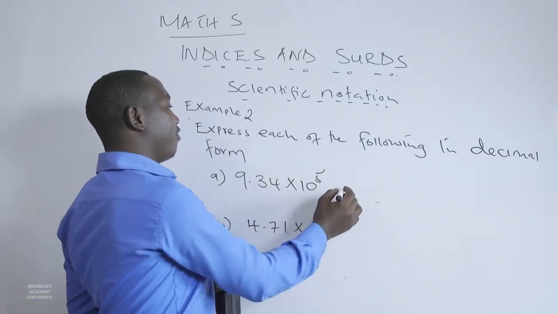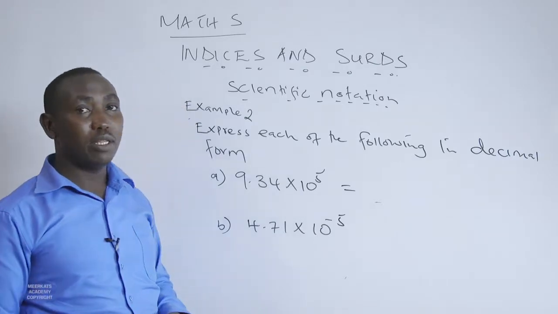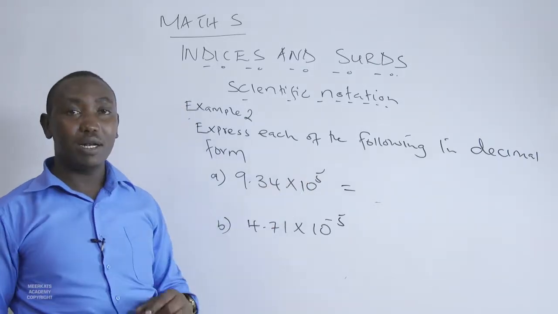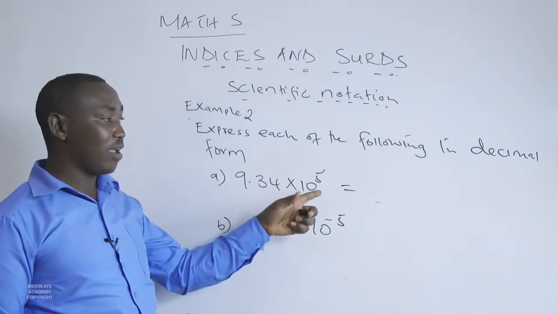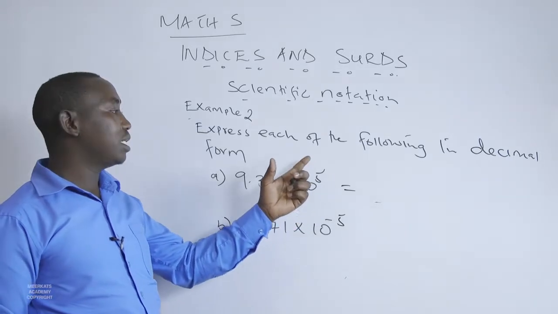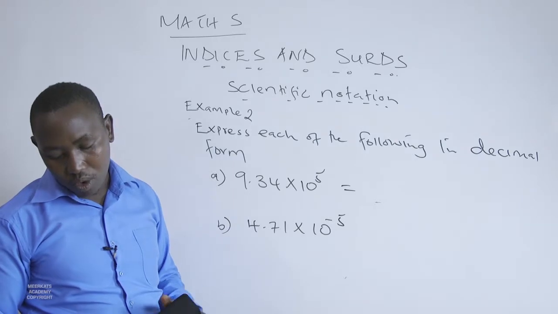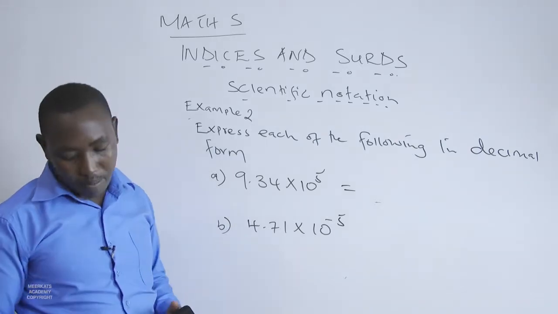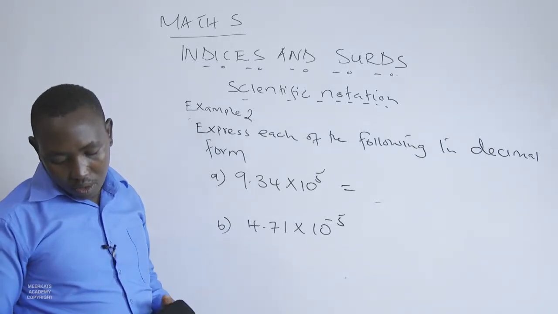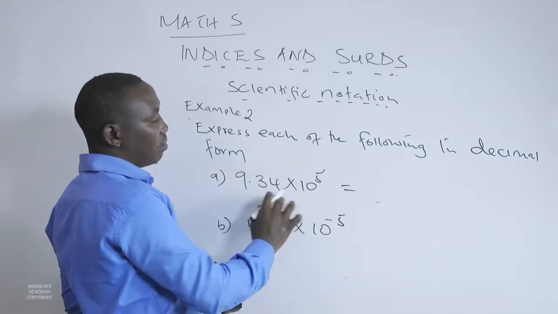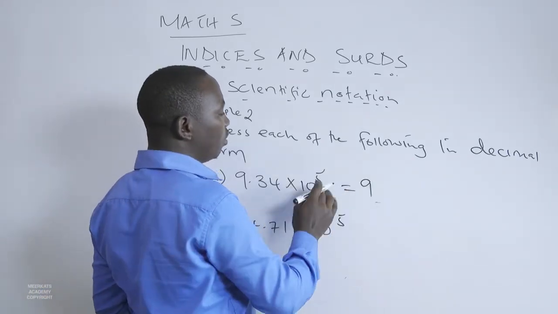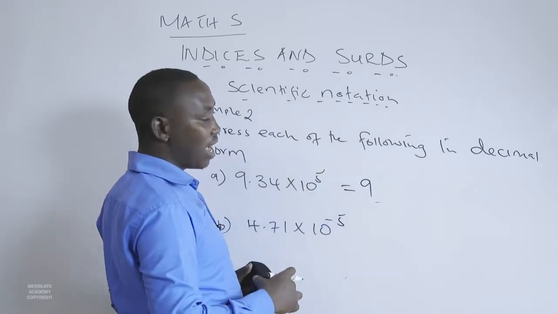Now for the first case, we have 9.34 multiplied by 10 raised to power 5. You can recall that here we have it being raised to a positive number. So we must write this with zeros.